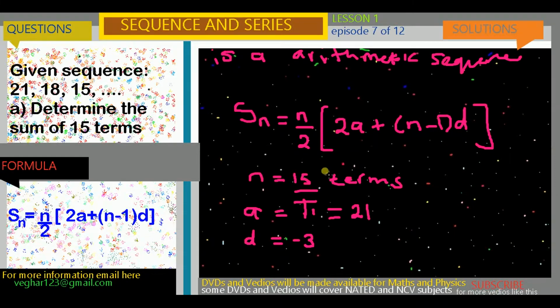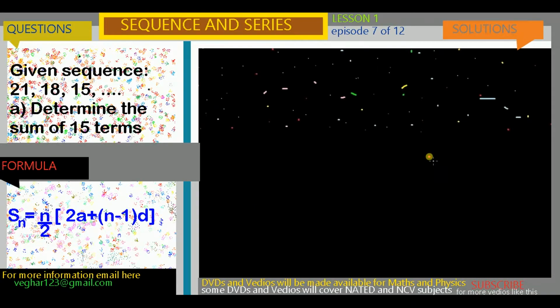Substitute n here and here. Here you just represent the number; you don't have to calculate it here. Substitute the first term, which is 21, 15, then the common difference. So let's start by putting 15 here.